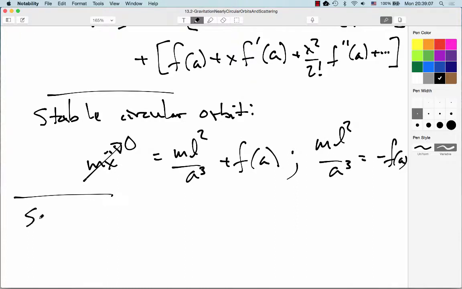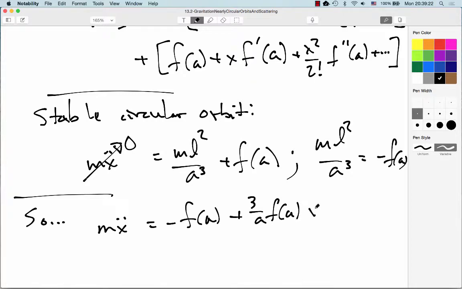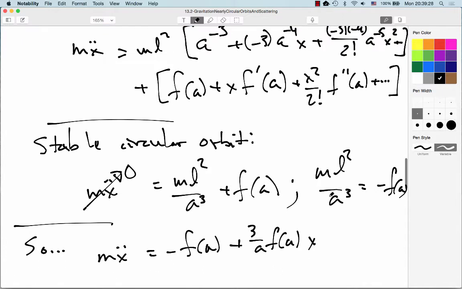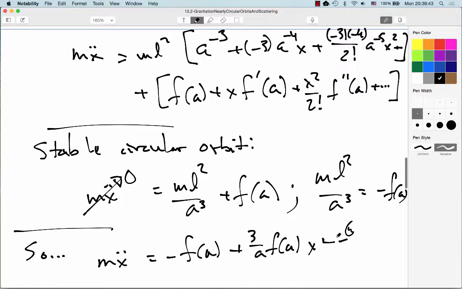So now returning to our perturbed orbit, we have m x double dot, which we can't make 0 anymore, will equal minus F of a for our first term. Then the next term we need to keep will be 3 over a F of a x. And again, that's substituting in here, just pulling out a cubed and putting in F of a.